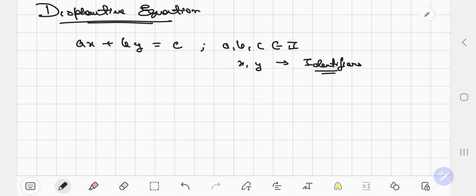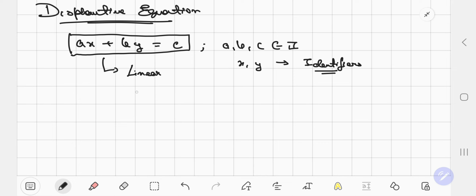Or rather, I mean it in this way, that if I want to find solutions for given a, b, c to this equation, then the solutions must be strictly integral. That's what I want to talk about exactly. So this is called a linear Diophantine equation.